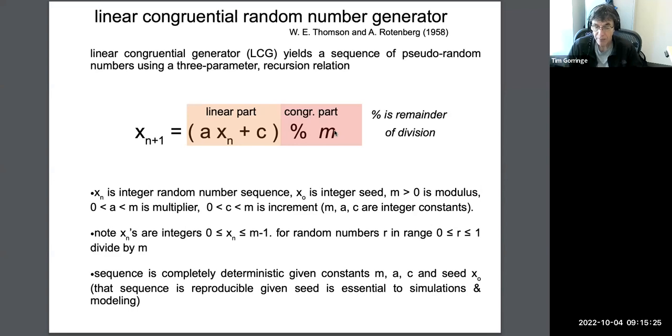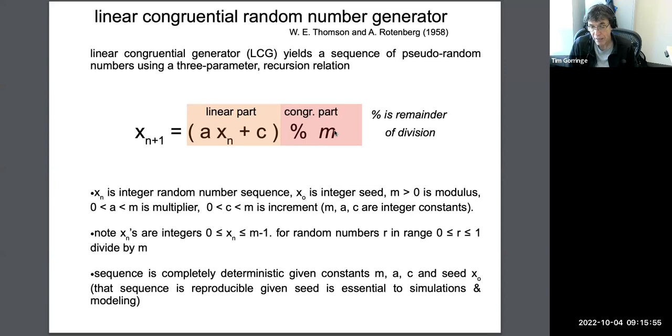So M determines the range of numbers. If M, for example, was 32, then the range of integers that you could generate would be from 0 to 31. There would be at most a sequence of 31 random numbers before the sequence starts repeating.